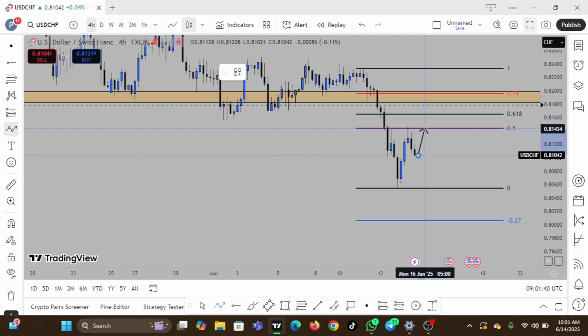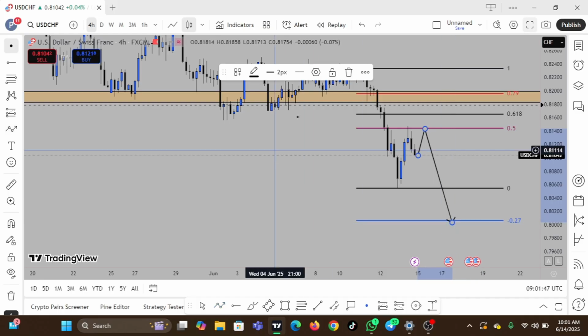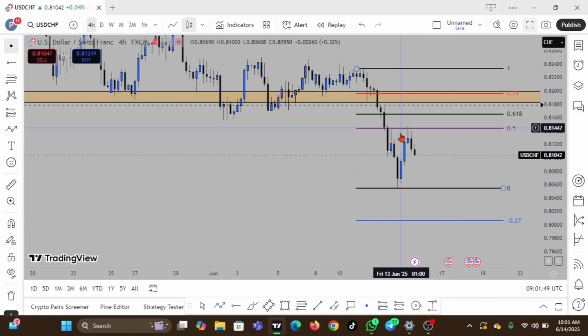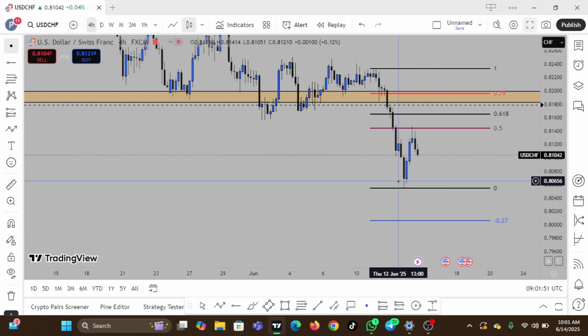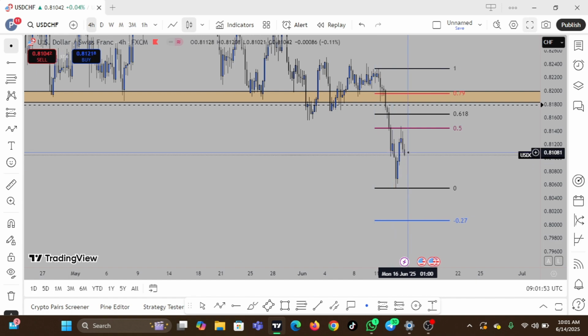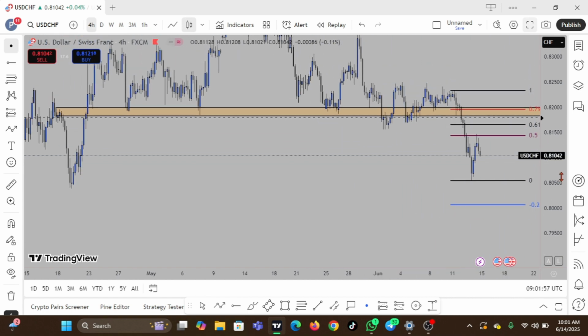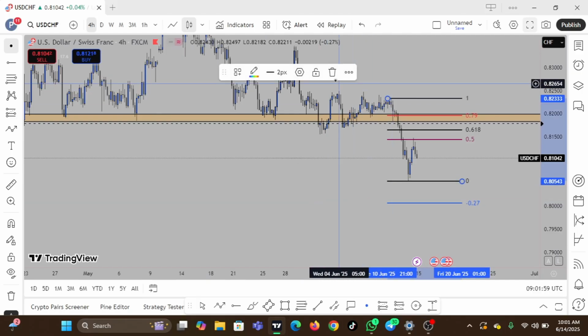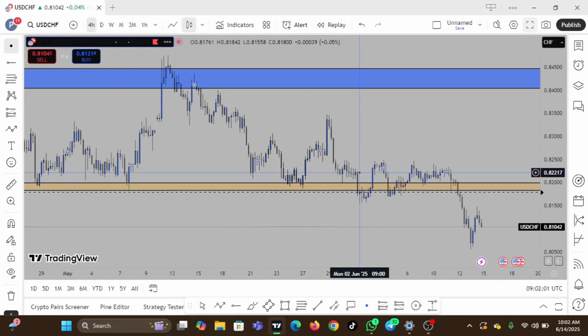Price can still push back up to give us something like a double top before dropping. So we just want to exercise more patience. I would not like to take a trade entry around this region. I would prefer it if we can still pull back a bit, then that will be very good for us to jump on. So that is my view on USD/CHF.